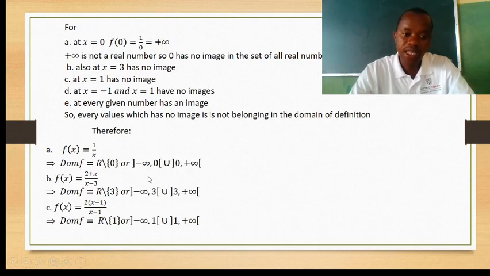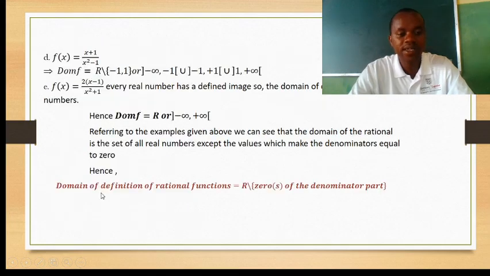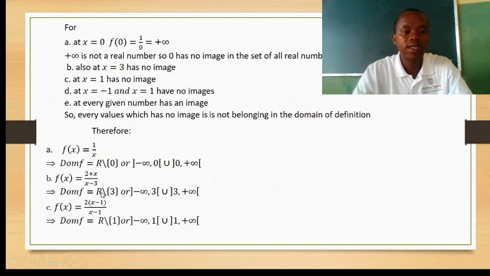For B, we found that the number 3, if it is assigned to x, does not have the image. It means that the domain of definition will be all real numbers except the element 3, and in interval form it can be written like this.